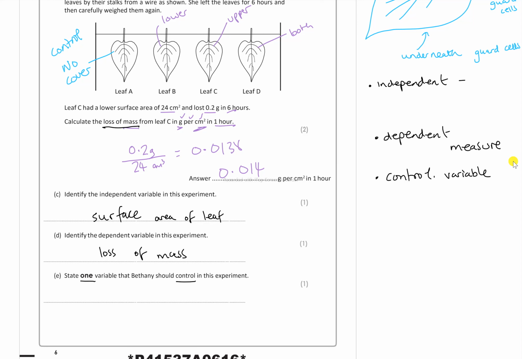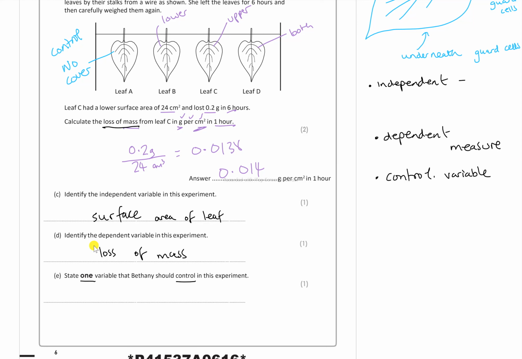So which one helped me lose weight? Was it the sweets? Was it the exercise? Or was it the fasting? So what you do is you say, okay, I'll tell you what, I'm going to do everything else the same. I'm going to control everything else. I'm going to only remove sweets. So then I know if there is a weight loss, the weight loss is due to the sweets.